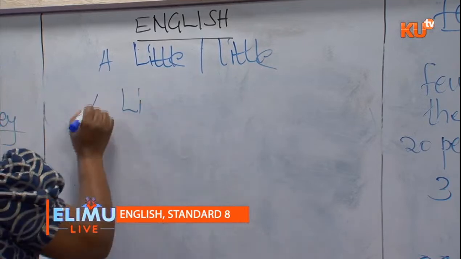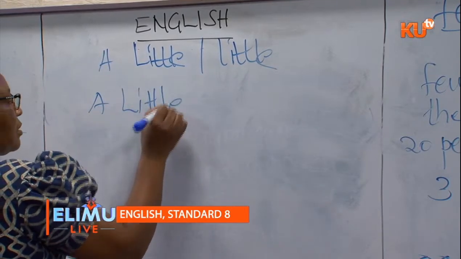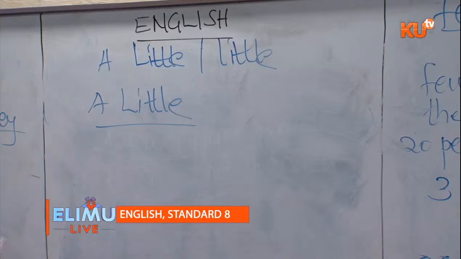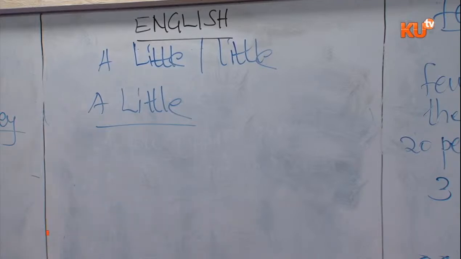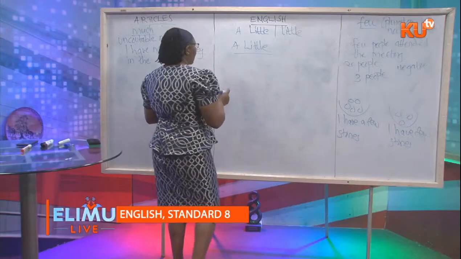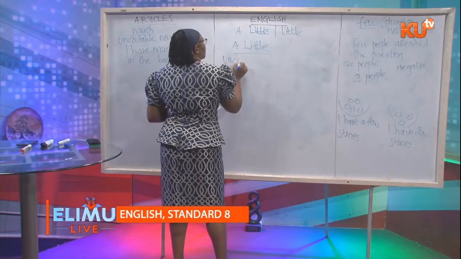So we start with a little. This determiner, just like the word a few, is used with uncountable nouns.